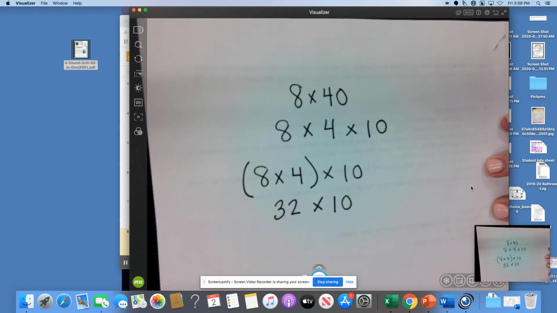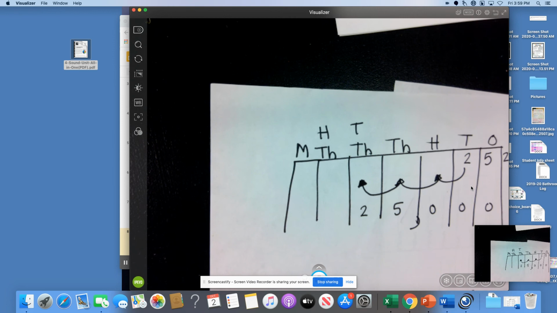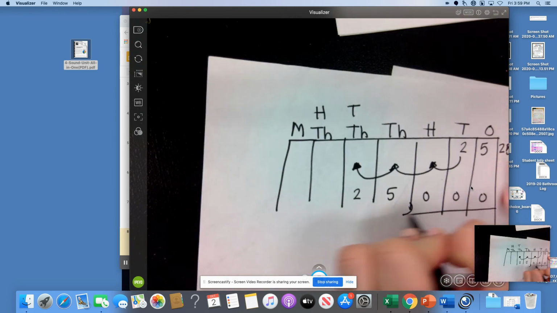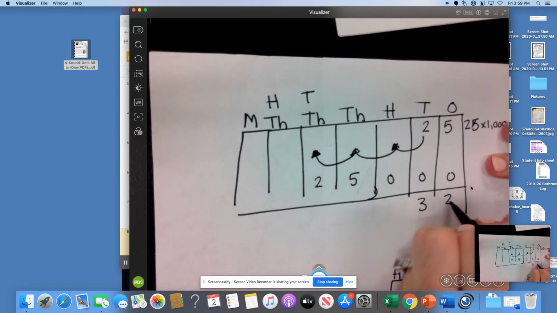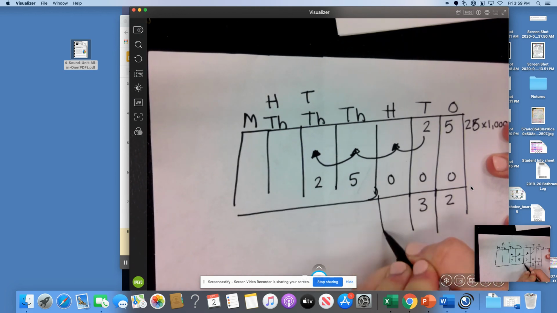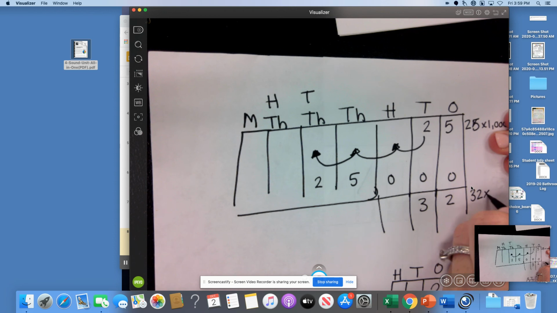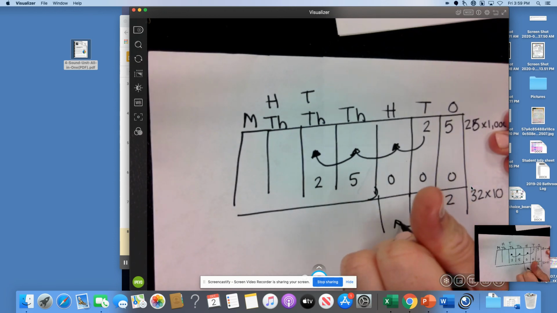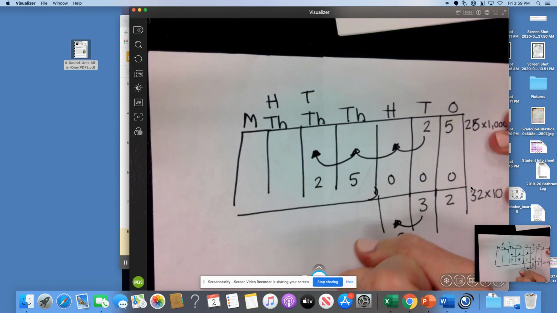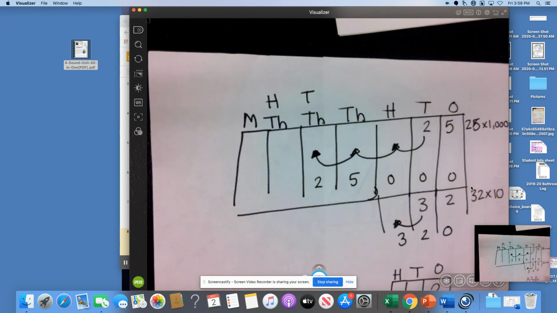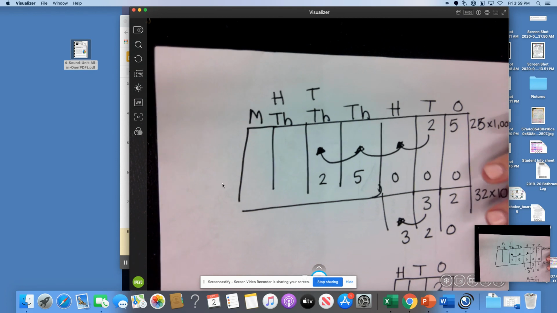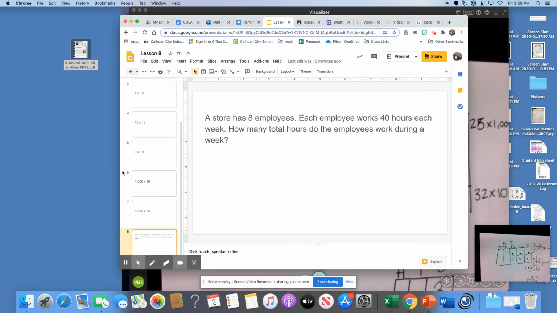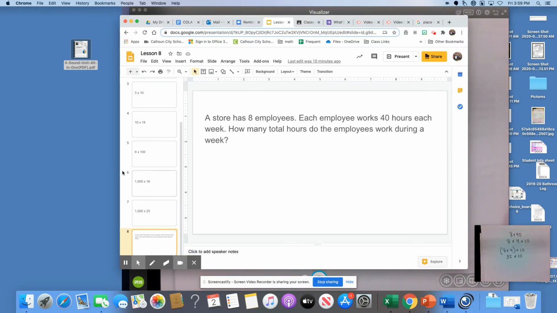And then if you want to come back to your place value chart to use, I can come back here. I know that it's 32 times 10. So times 10, I go once to the left. That will give 320.